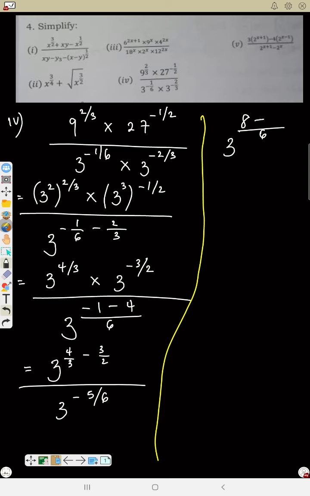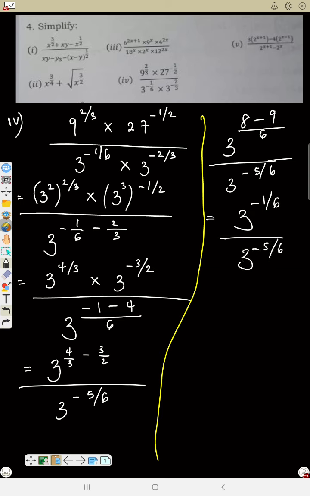So this is 8 minus, again 2 in 6, 3. 3 times 3, 9. Divided by 3 raised to power minus 5 over 6. So this is 3 raised to power minus 1 over 6, because 8 minus 9 is minus 1 over 6, divided by 3 raised to power minus 5 over 6.